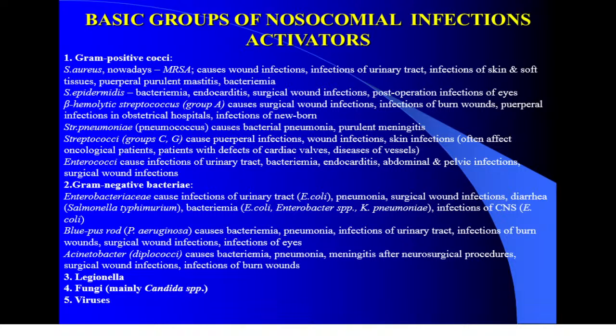Staphylococcus epidermidis causes bacteremia, endocarditis, surgical wound infection, post-operation infections of eyes. Beta hemolytic streptococcus causes surgical wound infection, infections of burn wounds, puerperal infections in obstetrical hospitals, infections of newborn. Streptococcus pneumoniae causes bacterial pneumonia, purulent meningitis. Streptococcus causes puerperal infections, wound infections, skin infections.